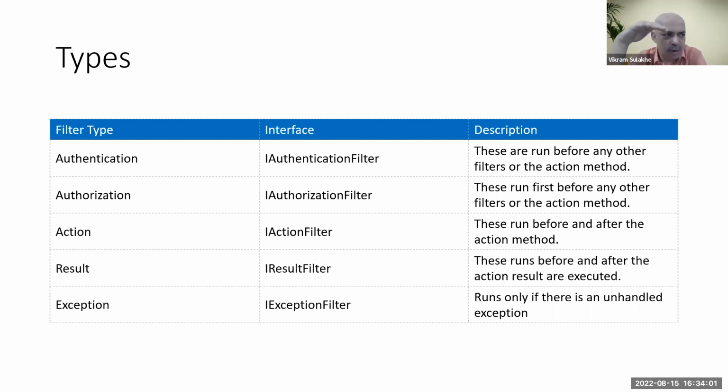Once you're authenticated, the second step is authorization. Authorization deals with, okay, you are so and so, but do you have the permissions to run this particular method or not? Those would be examples of authorization filters that you write.